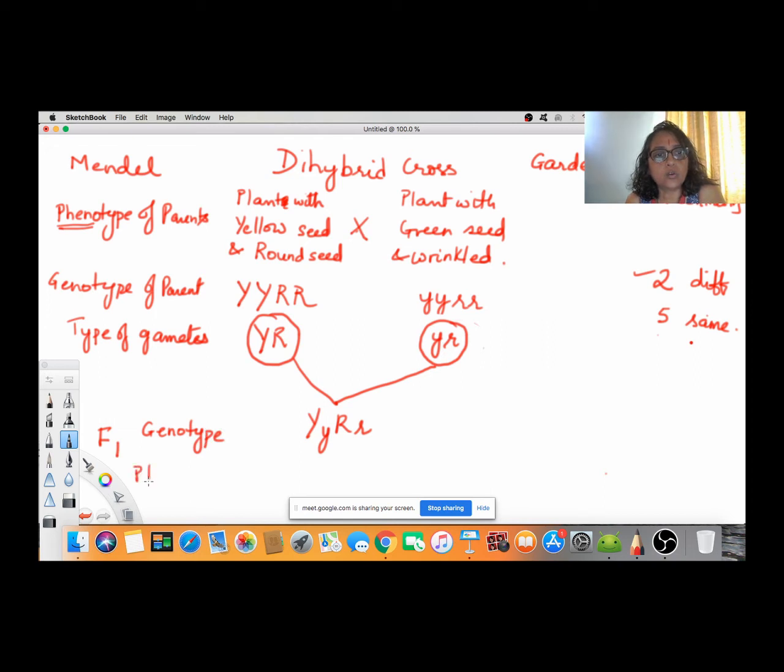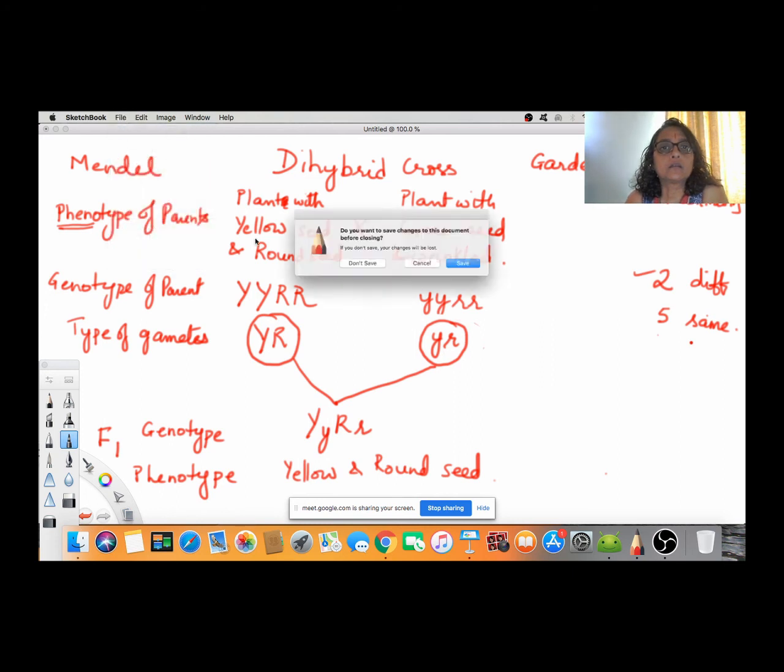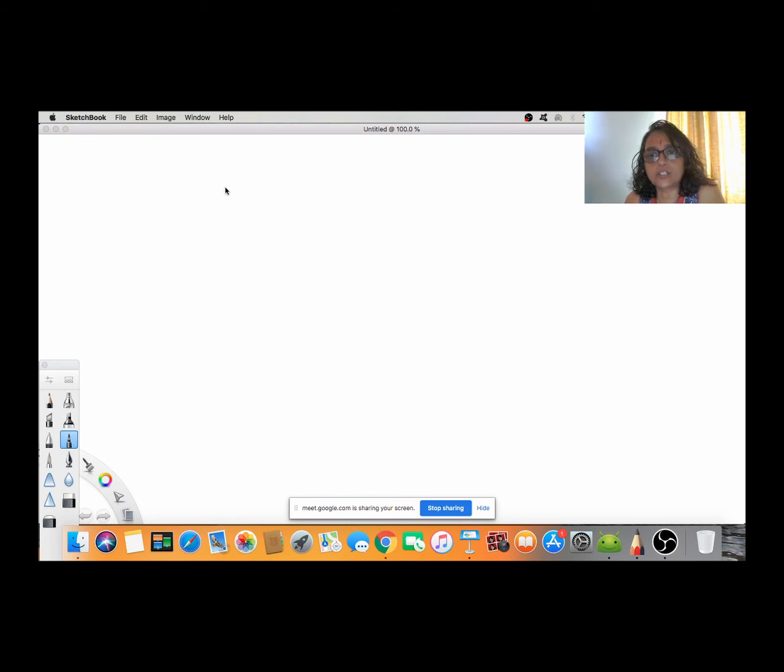And what is the phenotype? Yellow and round seed. Is it clear? So when we see the next generation, there is selfing of F1 progeny.